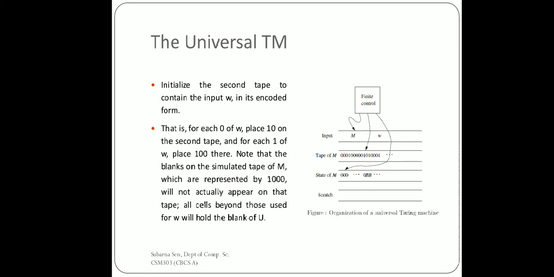Now if you remember the representation: for 0 it was X1, for 1 it was X2, and for blank it was X3, right?